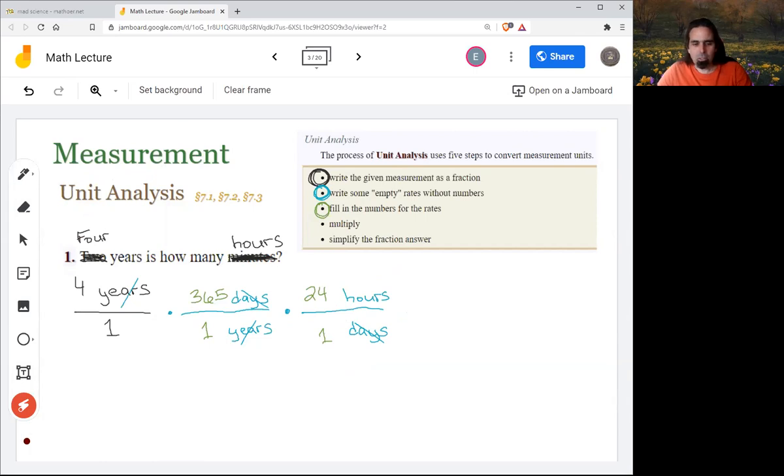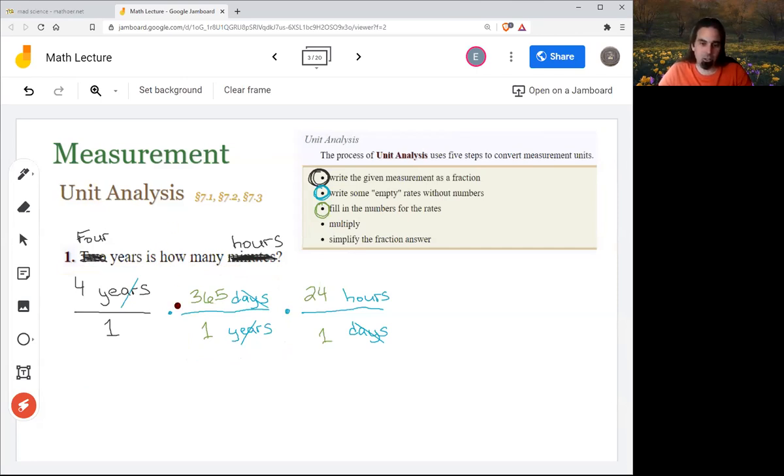So this seems a little unnatural. Why would I want to just multiply fractions to try and solve this kind of word problem? But it makes sense if you think about all these conversion rates as rates. Remember, rates and ratios, we like to write them as fractions because we know how to do math with fractions.